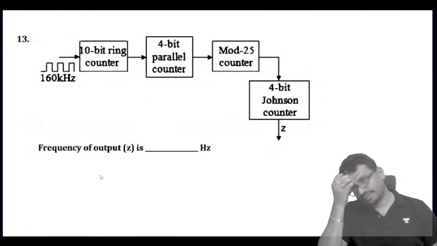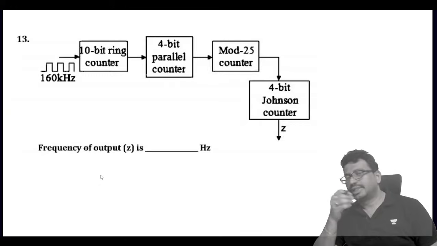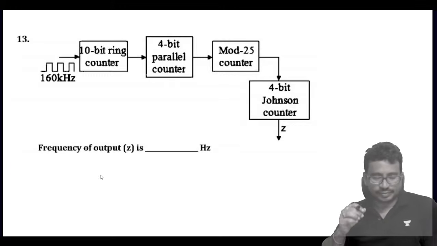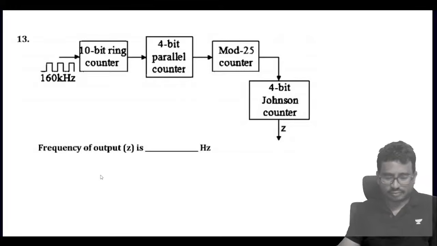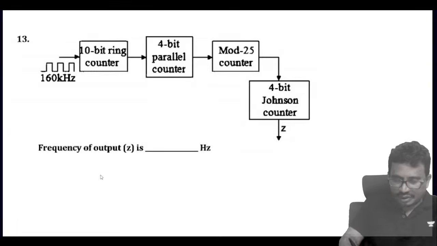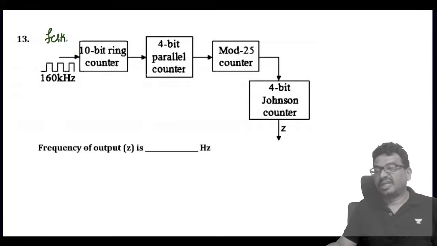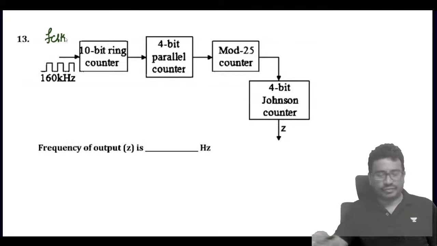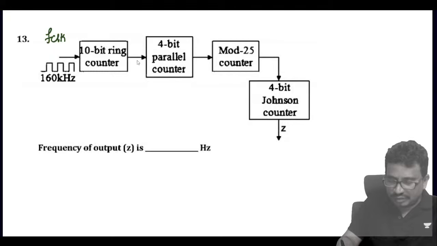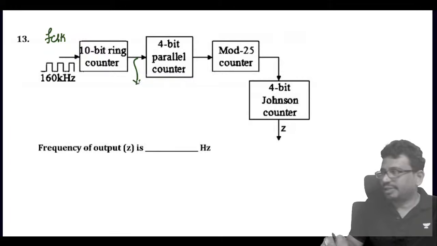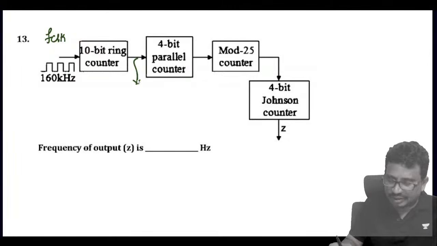Next, the frequency of this output. Now here we have f clock, and then we'll find what will be the 10-bit ring counter. So we'll take it as a ring counter. Now mod number is n only. 10-bit means f clock by 10.